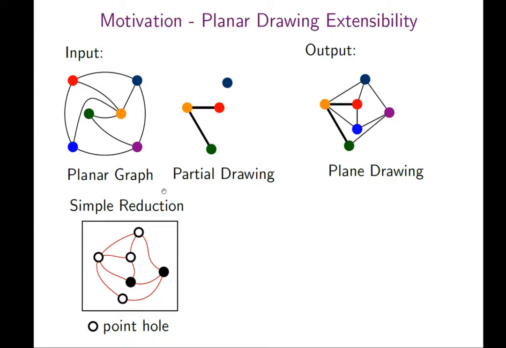Okay. I hope this is clear. So we take this input and make it an input of our problem by making a point hole out of every pre-drawn vertex and fixing a vertex to be on there, and then we just want to draw the remaining graph in the polygonal region bounded by some big square around it.